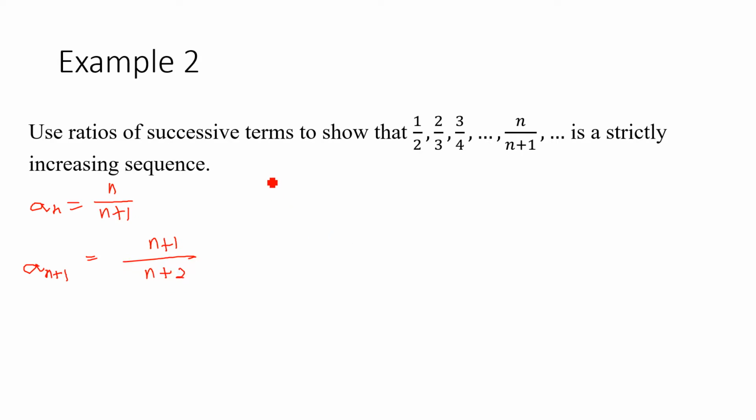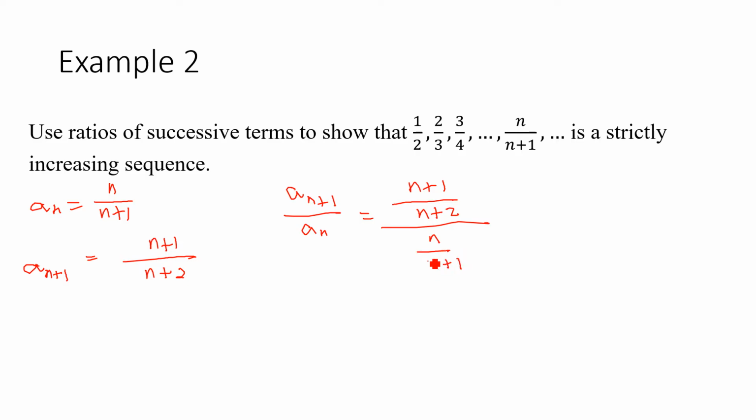Now take note that we are going to use the ratio of successive terms. Then we could have a sub n plus 1 over a sub n, which is equal to n plus 1 over n plus 2 all over n plus 1.